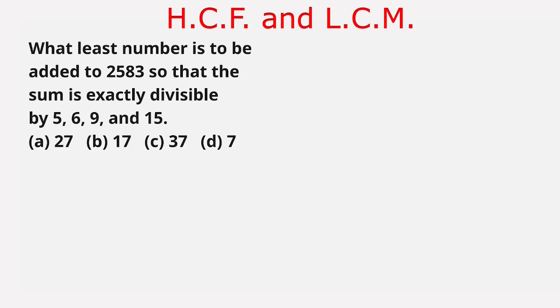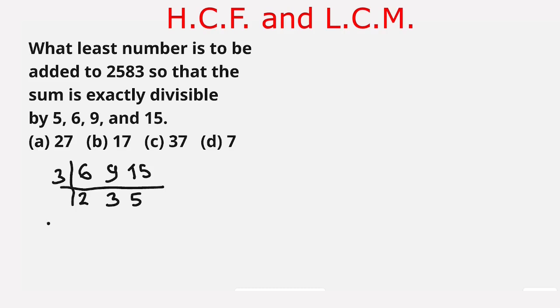We have to first find the LCM of 5, 6, 9 and 15. As 5 is already included in 15, we have just to find the LCM of 6, 9 and 15. We find the LCM by common division method. 3 divides 6 for 2 times, 9 for 3 times and 15 for 5 times, and 2, 3 and 5 are co-prime numbers to each other.